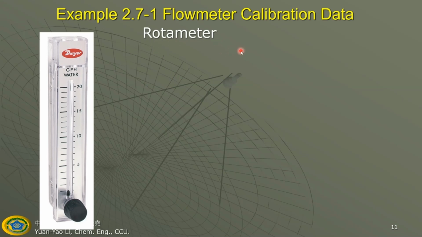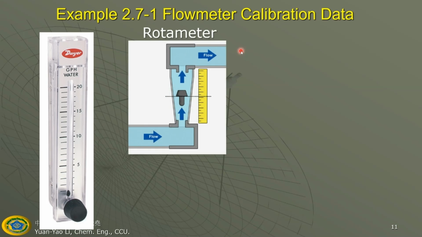Let me show you. The rotameter looks like this. This is the float. The flow goes in from the bottom and goes up. It can be water, let's say, and this water will push the float up, and you can see the reading. For example, this is 5.